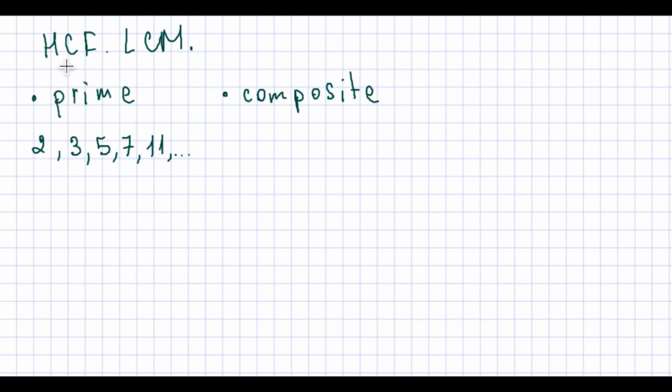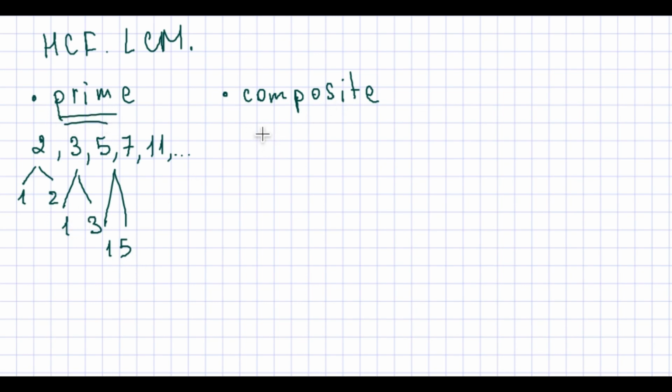These numbers are prime numbers. It means these numbers are divisible by 1 and themselves only. The 2 has 2 factors, 1 and 2. 3 has 2 factors, 1 and 3. 5 has 2 factors, 1 and 5, and the same with others. So if a number has got 2 factors only, the number is called a prime number.